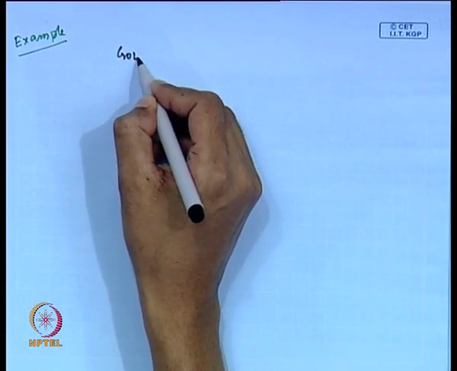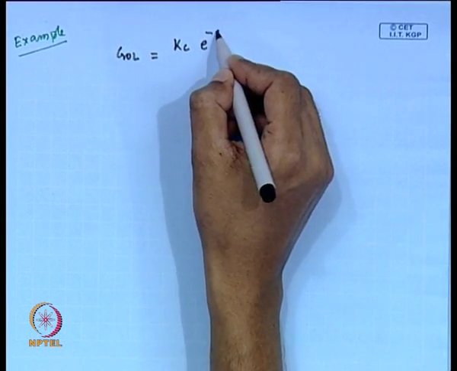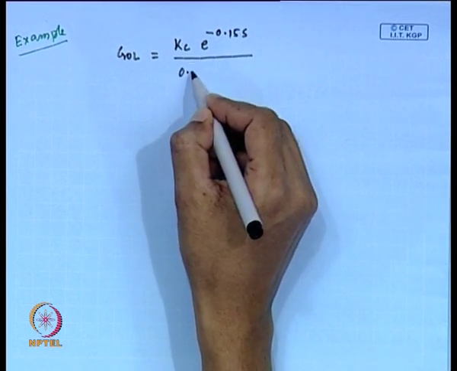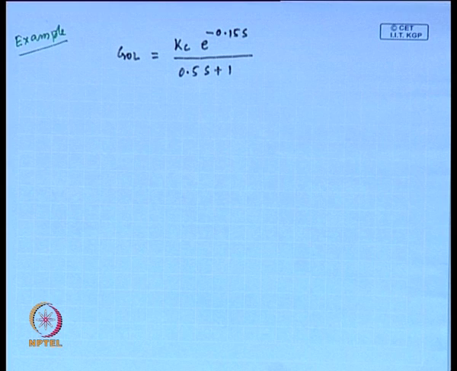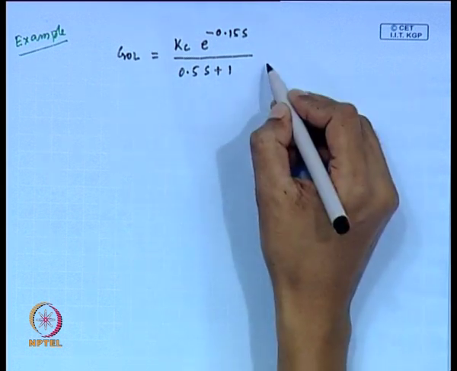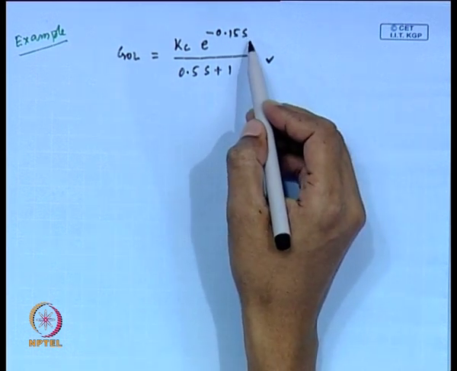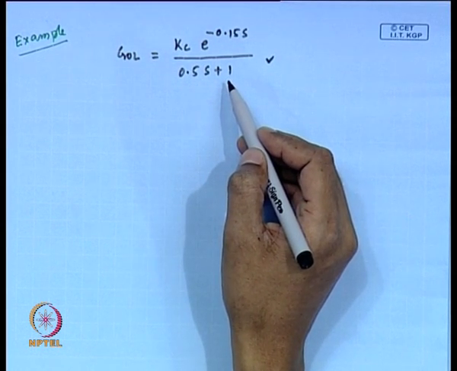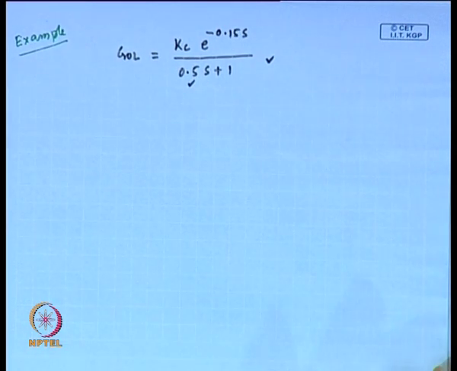Example: open loop transfer function is given as Kc exponential of minus 0.15 s divided by 0.5 s plus 1. Here time constant is 0.5 and dead time is 0.15.